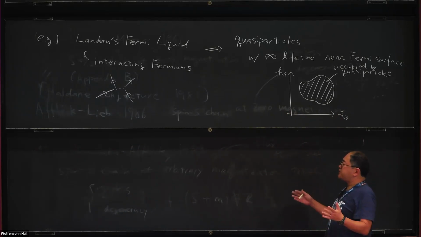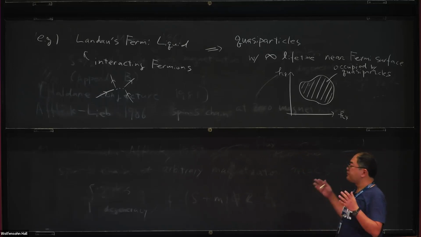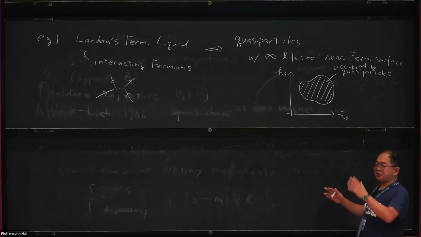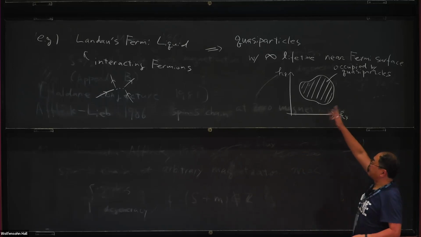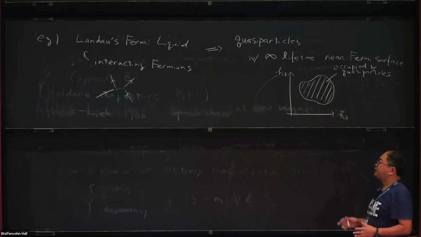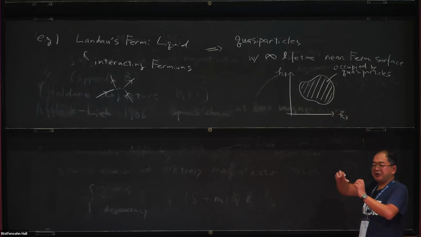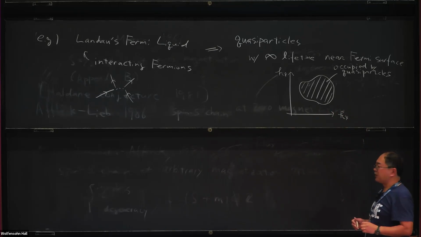In free space, the Fermi surface is usually a sphere because of the rotation invariance. But on the lattice, there is no rotation invariance. So the Fermi surface takes some particular shape. And for free fermions, you can explicitly calculate the shape of the Fermi surface. But once you introduce the interaction, the shape can be modified by interaction.